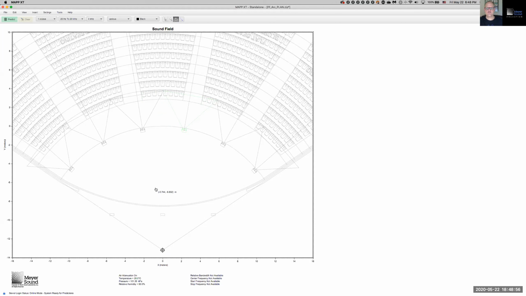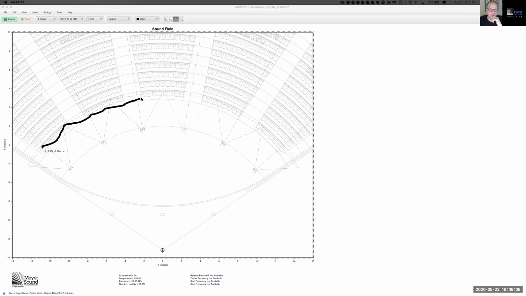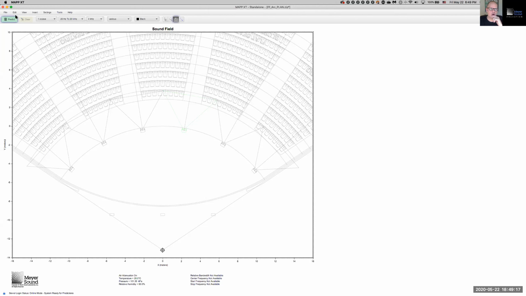If we do this, then from outer wall to outer wall, we now have good coverage. From the outer seat over here all the way through the first row to the outer seat over there, the line is now closed with no meaningful gaps whatsoever. So let's look at a prediction for such an approach.